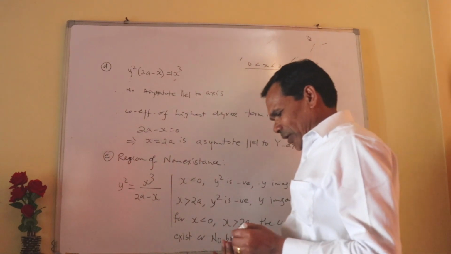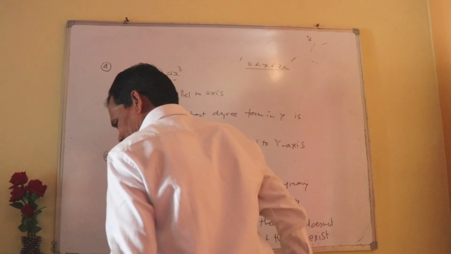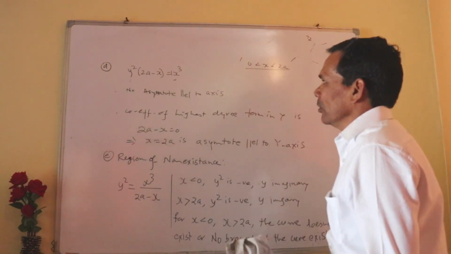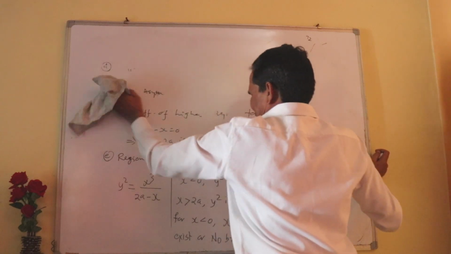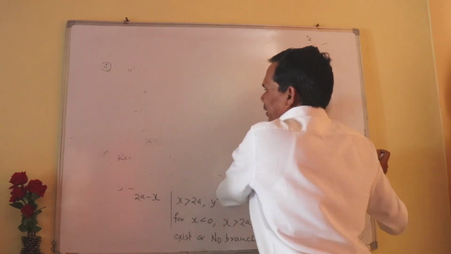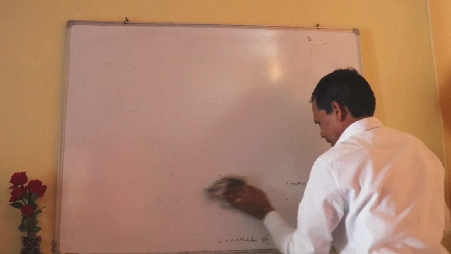So this is the way all these points are discussed, and the approximate shape of the curve is as shown in the figure.